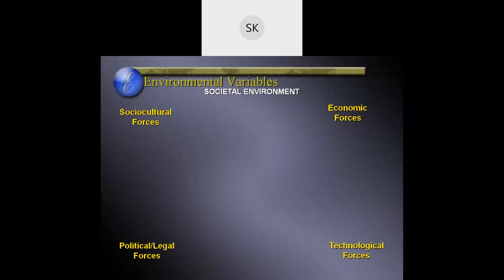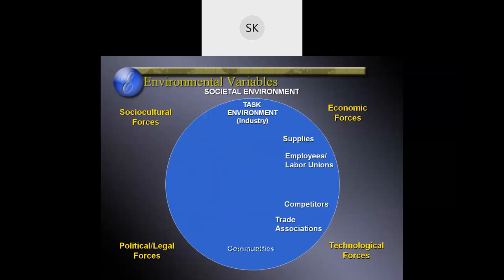So these are the societal environment which is to be considered before we start a business. These are called environmental variables. Then what is a task environment? This is the internal environment: suppliers, employees or labor unions, competitors, trade associations, communities, creditors, customers, special interest groups, government, stockholders.